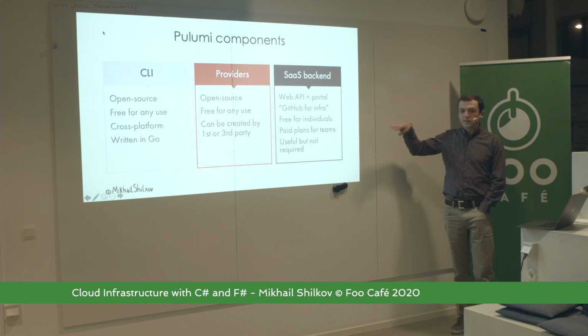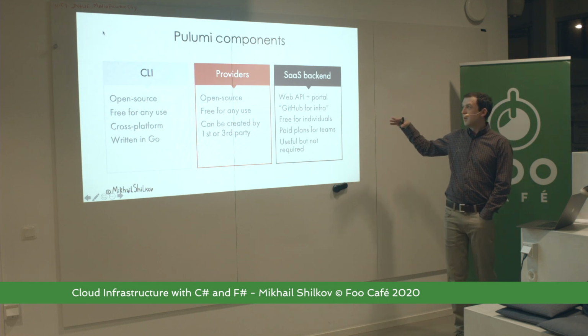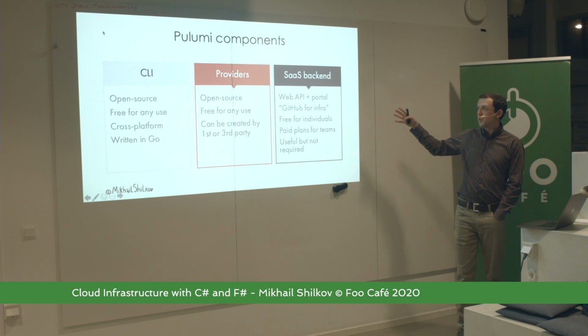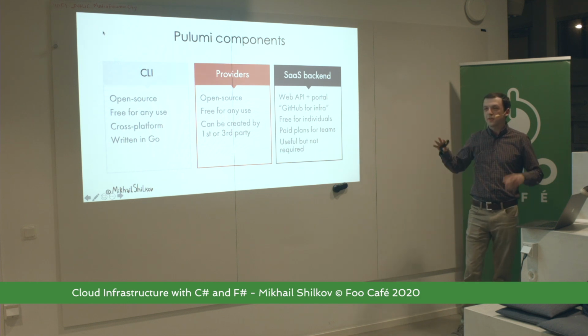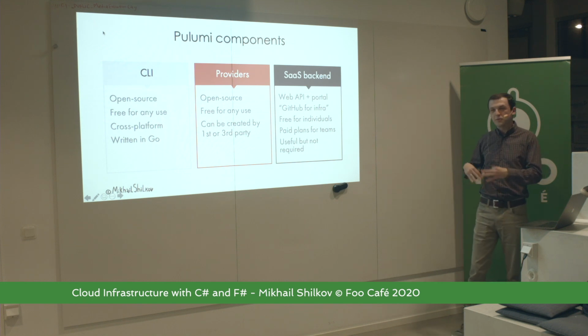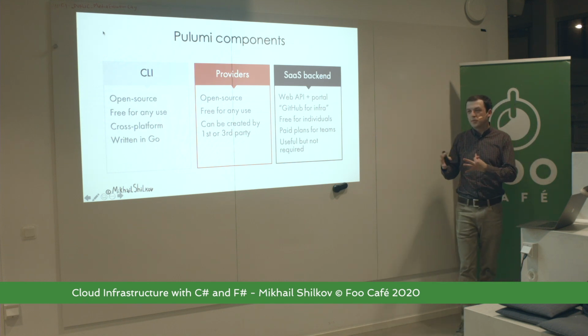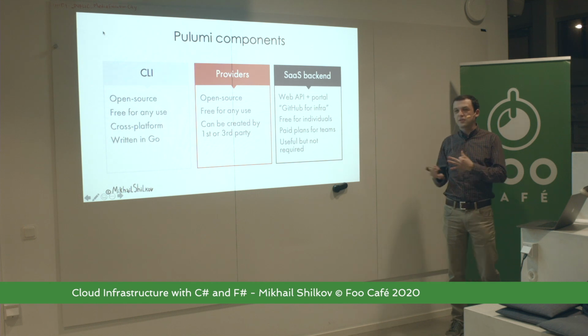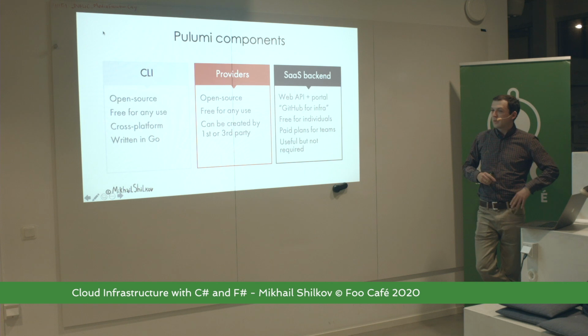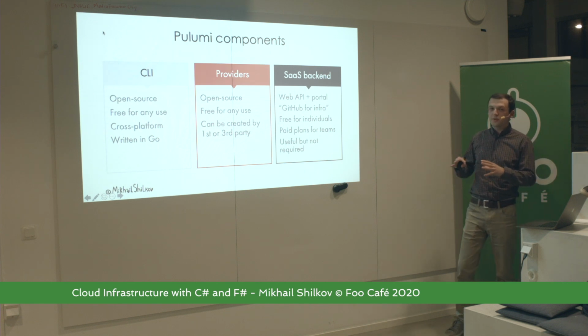And the third component is the SaaS backend, where the state is stored. It's optional. You can opt out of it, but it's not open source. It also provides sort of a GitHub experience for your infrastructure. You can see history of your deployments, who did what, configure permissions, do some policies, audit, and that kind of thing. Some visualizations about your resources, dependencies.